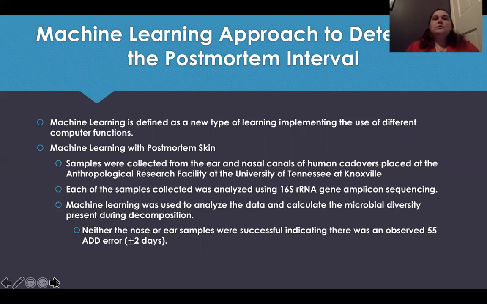A postmortem interval of plus or minus 2 days was created by this machine learning approach. Meaning the predicted postmortem interval could be 2 days earlier or 2 days later, but plus or minus 2 days is great considering its accuracy.